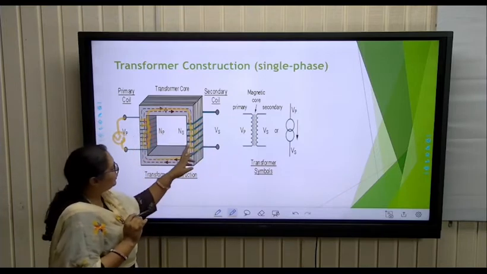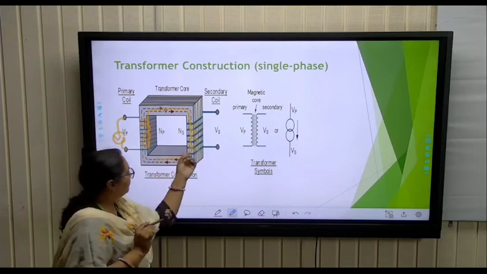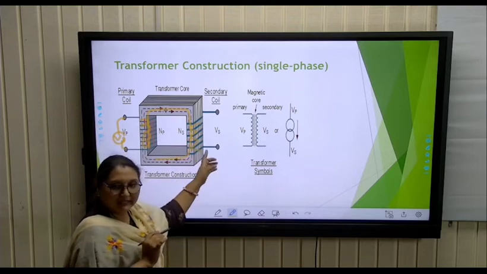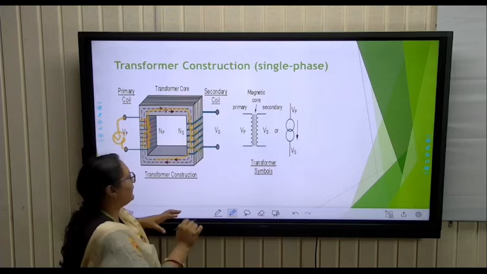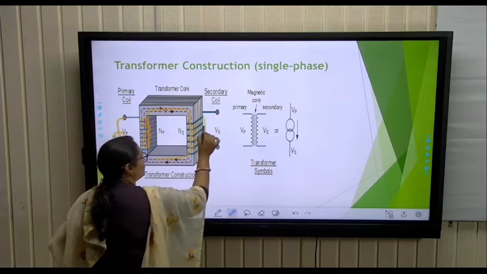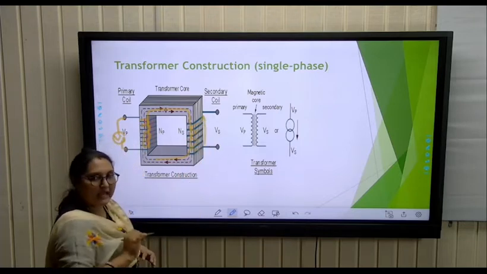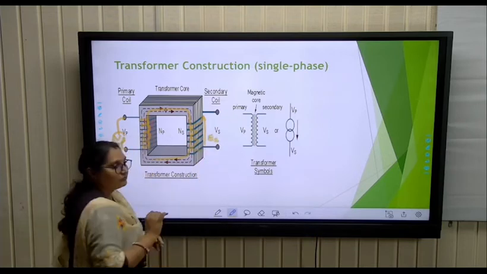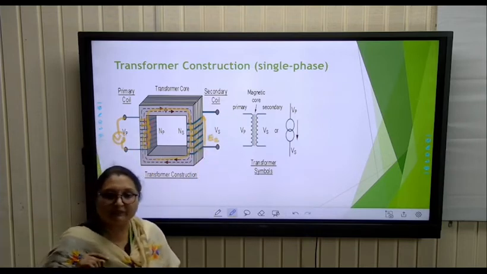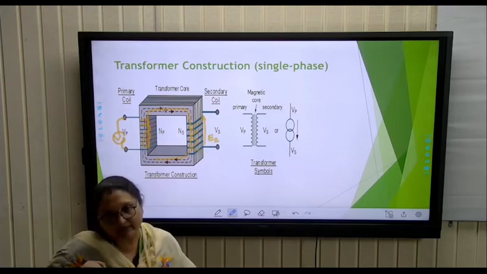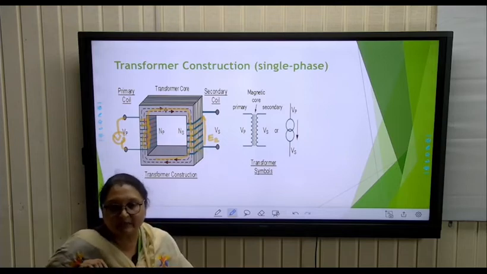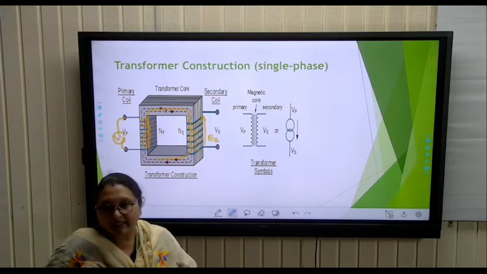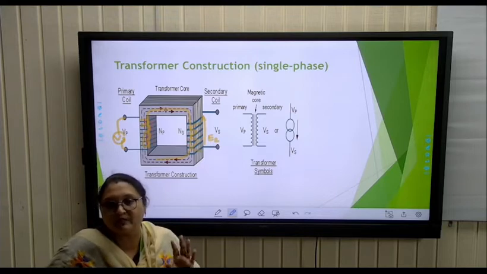Now due to the interaction of this flux with the winding, there will be an EMF induced across this winding, and this is denoted by E2, as per Faraday's laws of electromagnetic induction. Whenever there is an interaction between a flux and a winding, there will be an EMF induced in the winding.